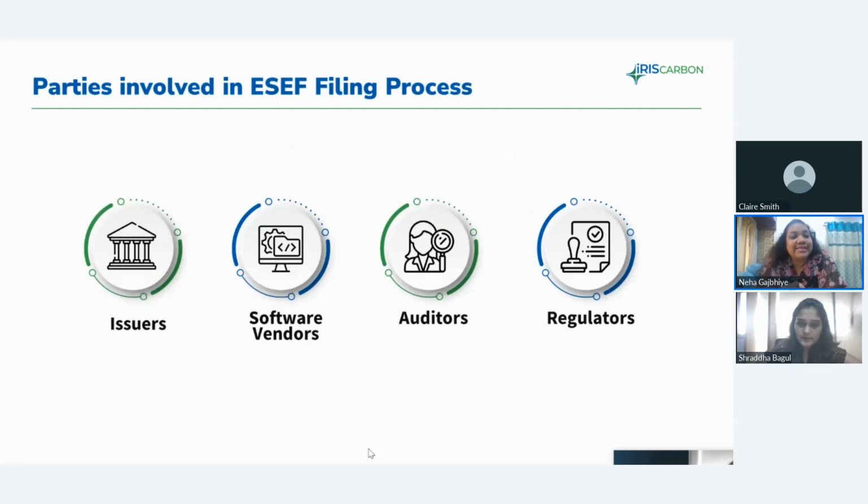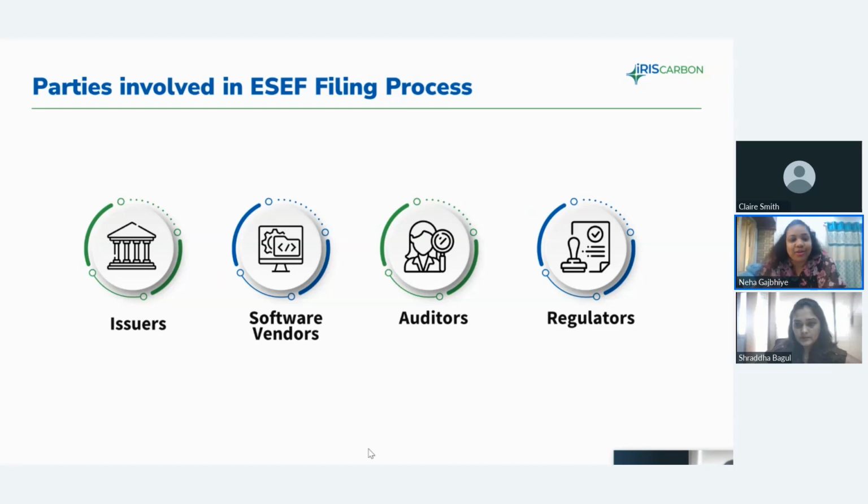Now, let's move to the second topic of today's webinar, which is the filing requirements and how to prepare for 2022 ESEF filing. Whenever I think of ESEF, I always wonder what the parties involved in the whole process are. I know you might be thinking that it is always the preparers and the auditors.